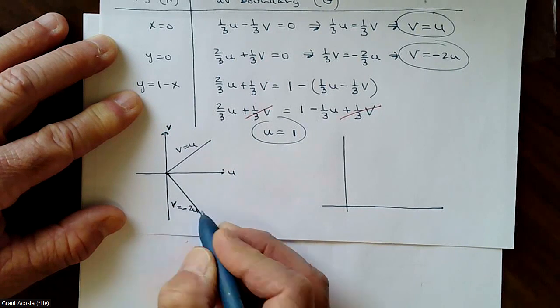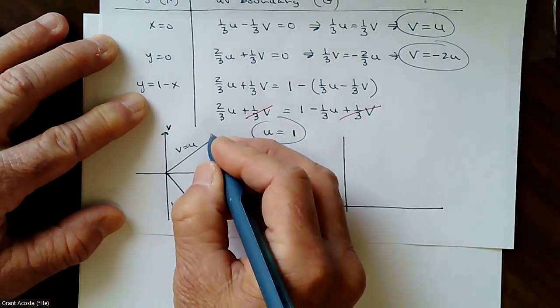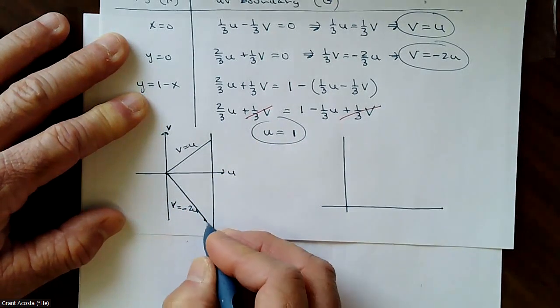V equals negative 2u. And u equals 1 is kind of like x equals 1. That's just a horizontal line.